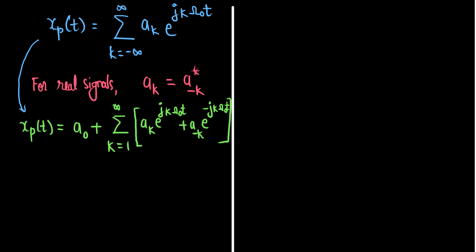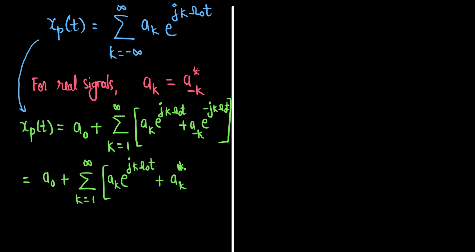So what I can write here is equal to a0 plus summation k running from 1 to infinity ak e to the power jk omega naught t plus ak star, or the complex conjugate, e to the power minus jk omega naught t.